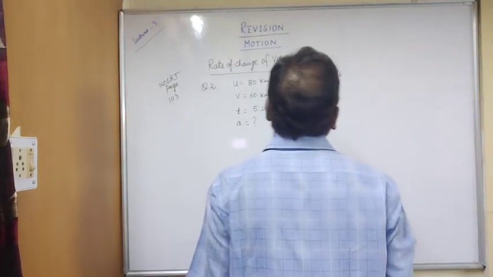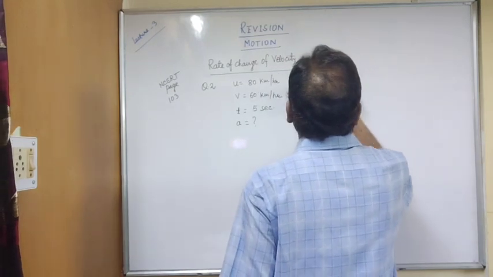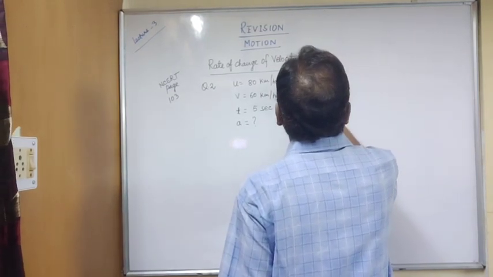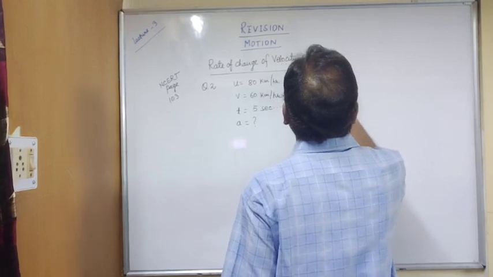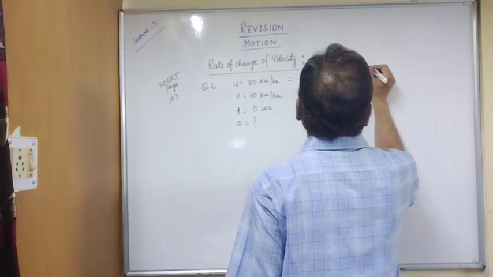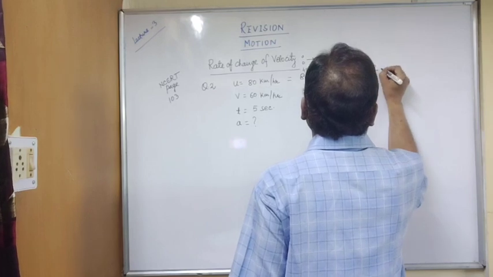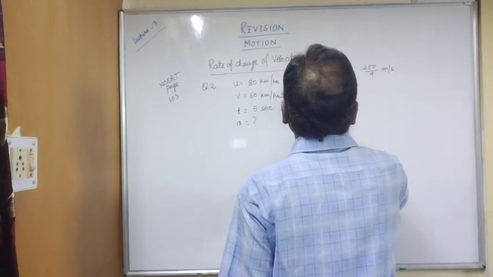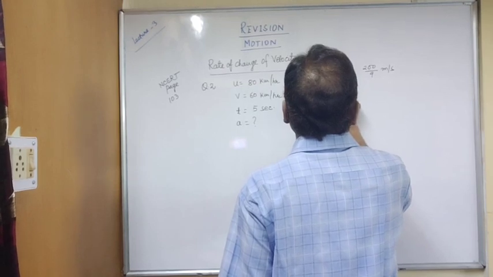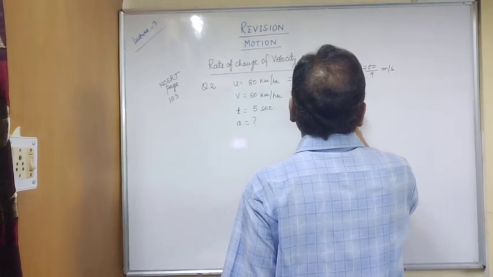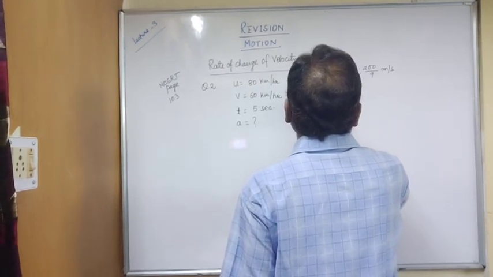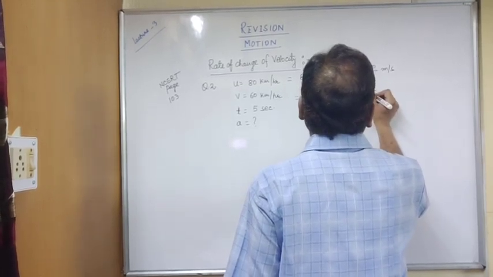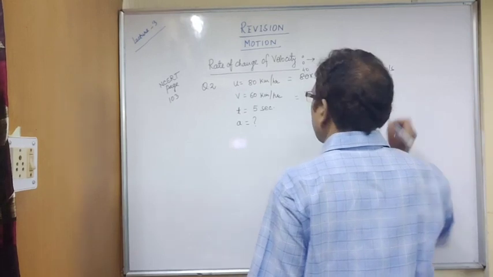So if you will multiply, 2 9 and 40, so it will be 200 by 9 meter per second. Similarly, convert 60 km per hour into meter per second. So it will be 150 by 9 meter per second.